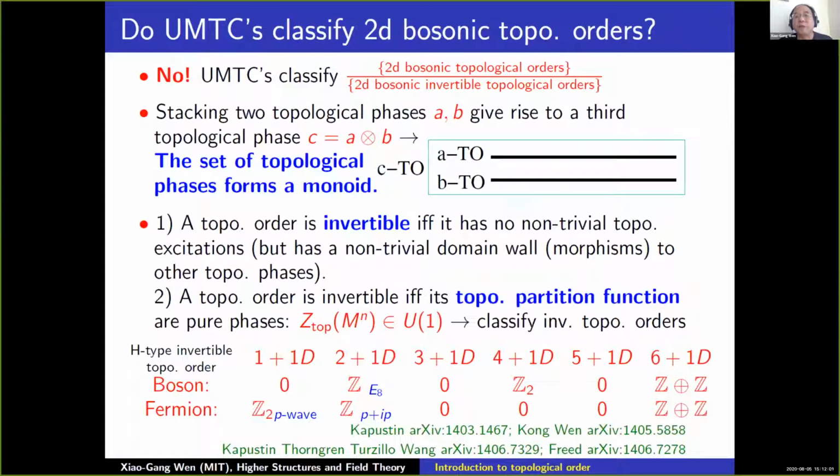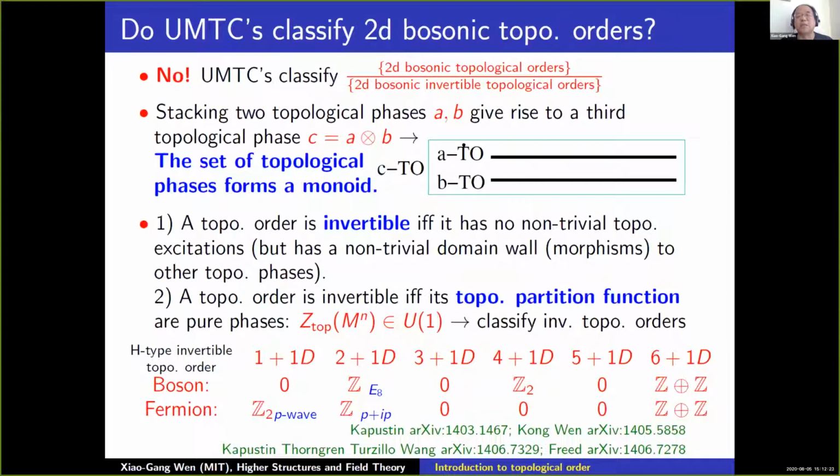Invertible basically means that when you stack A topological order and B topological order together, you get the C topological order. If A is invertible, that means you can find a B such that their stacking gives you C, which is the trivial product state. Via stacking, you can obtain the trivial product state.